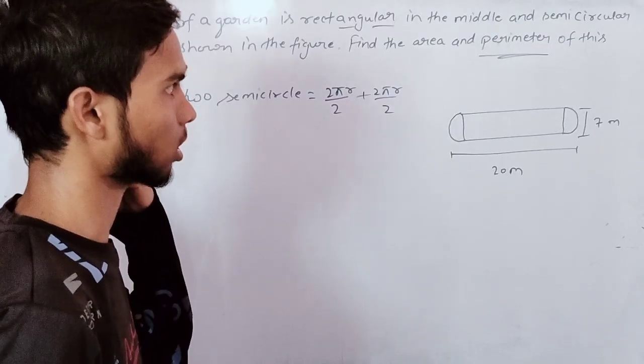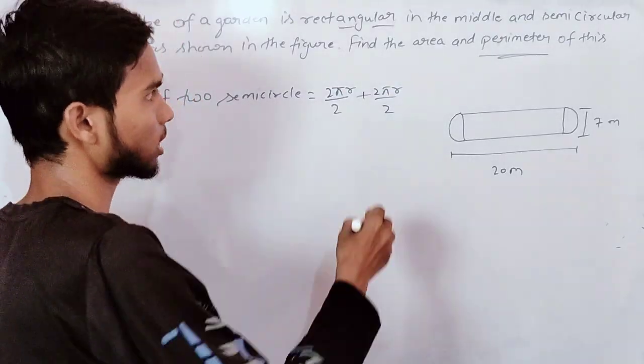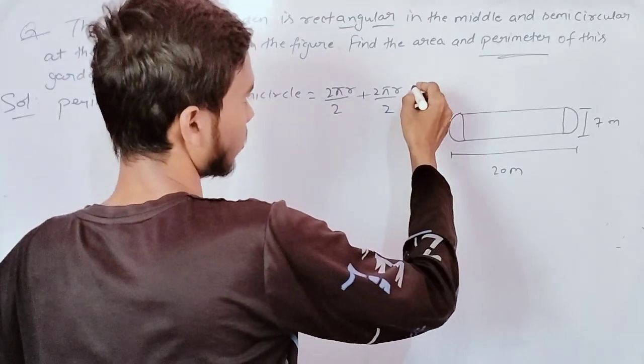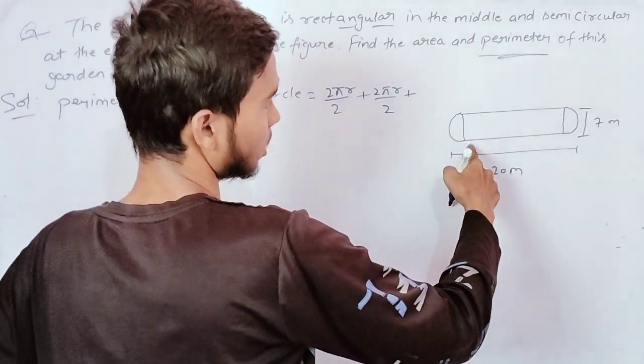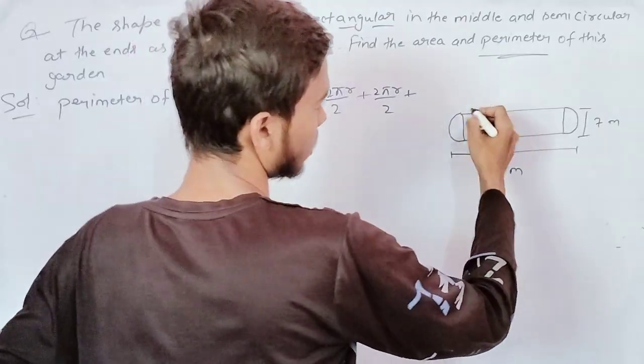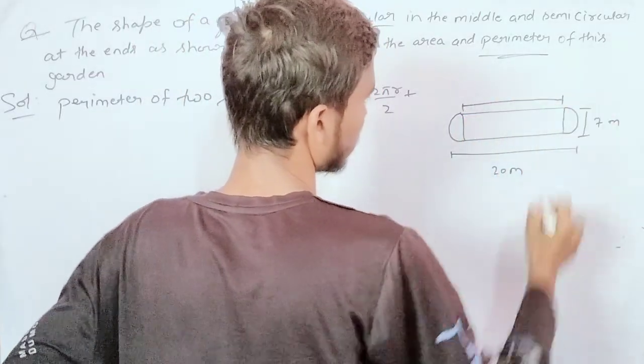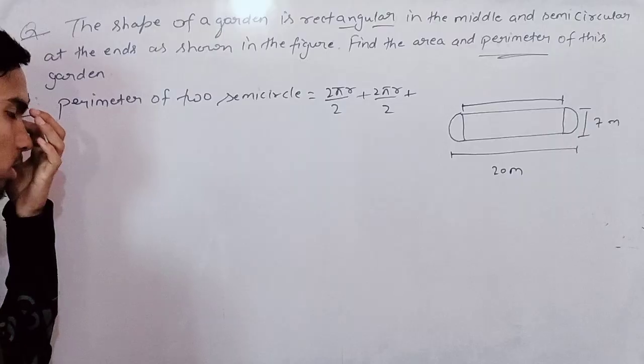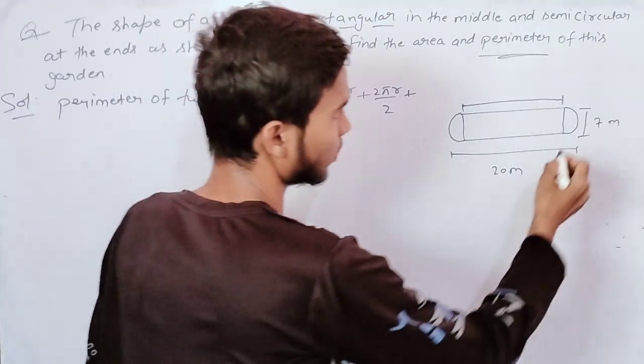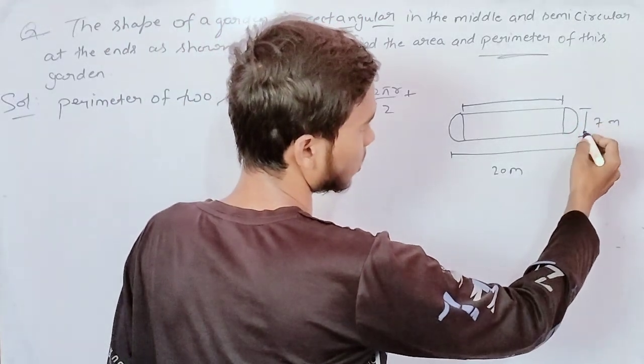Two times. Okay. Now what else? We will add this. From this to this is how much? What is the measure of this side? If this is 1, this is 7.